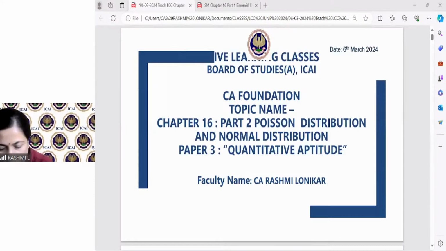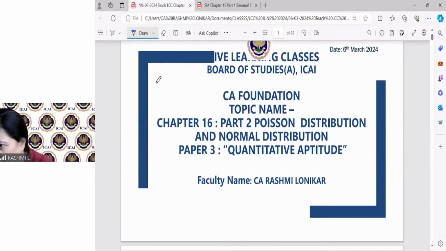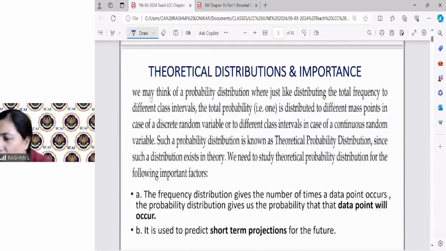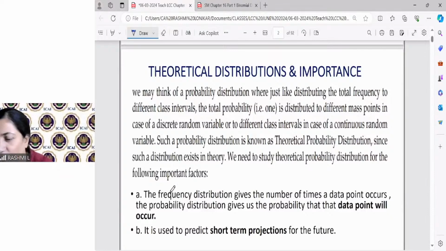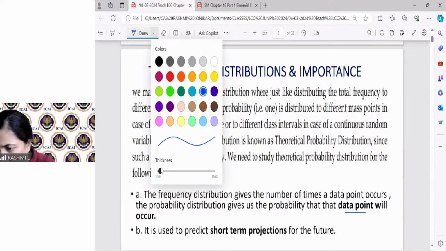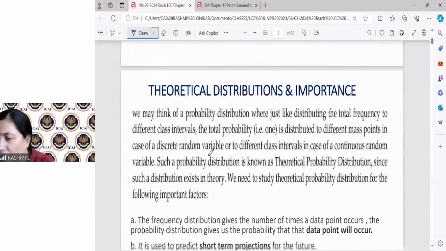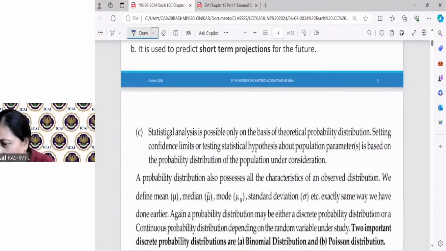So I think I'll quickly go over this, we already discussed it. We are talking about theoretical distributions, and we talked about how a frequency distribution gives us the data points, while the probability distribution gives whether or not the data points will occur. Then we talked about the importance: it is used for short-term projections.